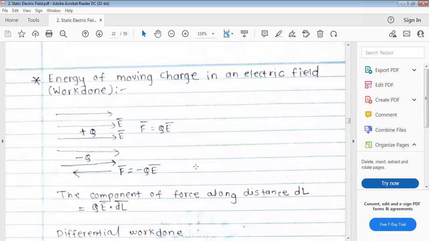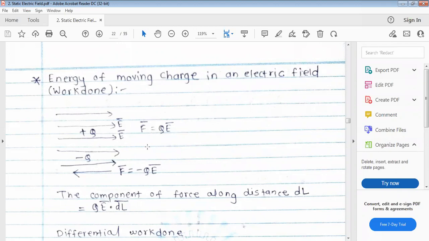When we consider one charge plus q, that charge is producing its own electric field. Now, if we put another test charge there, it experiences some force, and that force is given by F bar equal to Q into E bar.